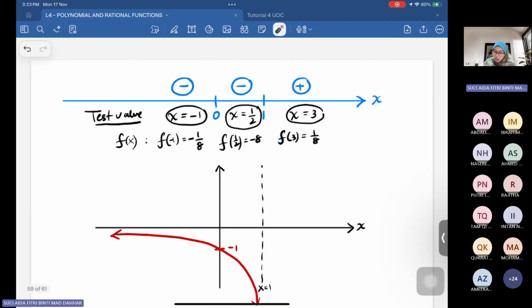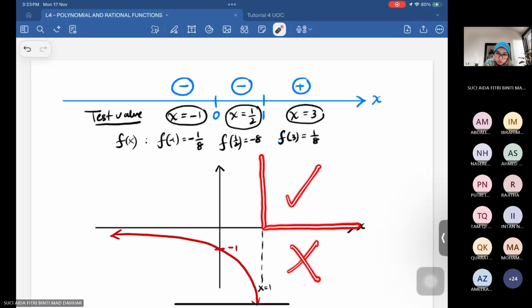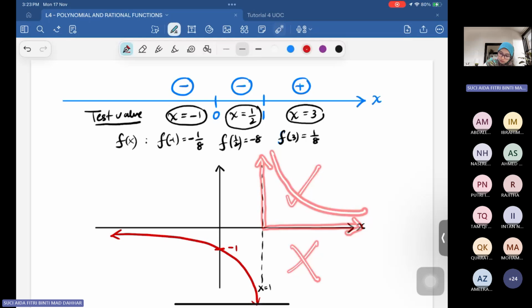Now moving on, after 1, on the right of 1, because the y values are positive, you cannot draw anything down here. Must be something up here. Okay, and remember you have this asymptote and this asymptote. So the only shape that doesn't meet these two must be like this. Okay, so that's why the graph is up here.